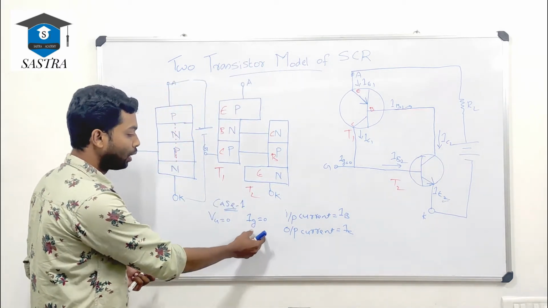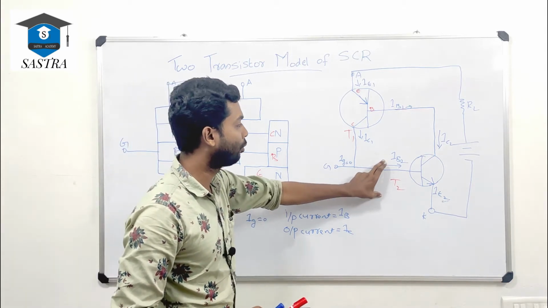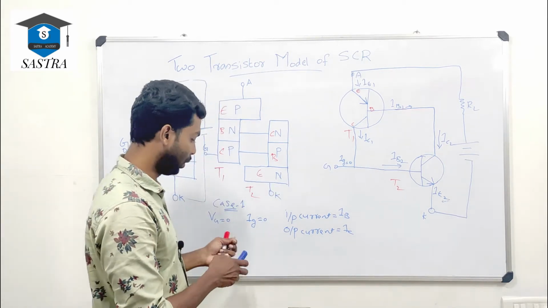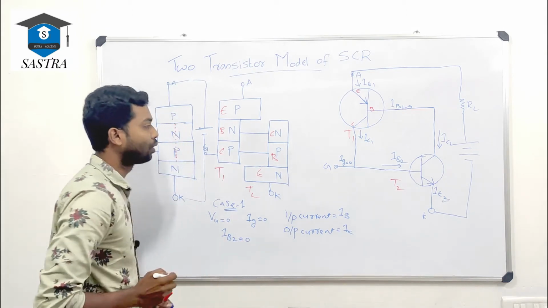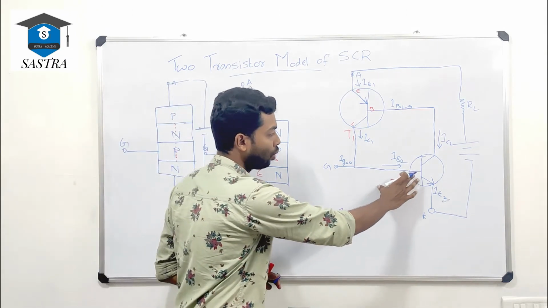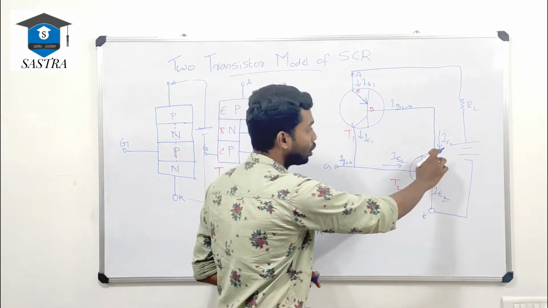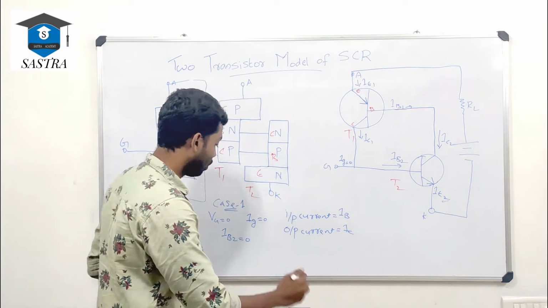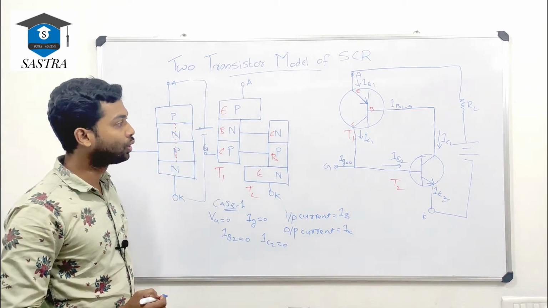In case 1, the gate current is 0. Then what is the value of IB2? IB2 is equal to 0. So the second transistor is off, so there is no output collector current. IC2 is equal to 0.